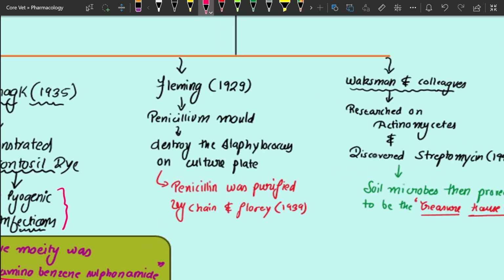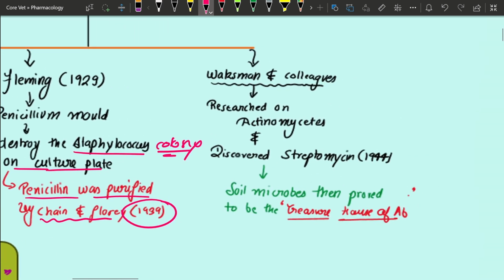Coming on to Fleming, we all know that a penicillium mold destroyed the Staphylococcus colony in the culture plate. Penicillin was purified by Chain and Florey in 1939.